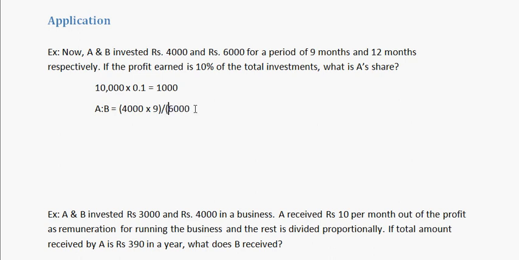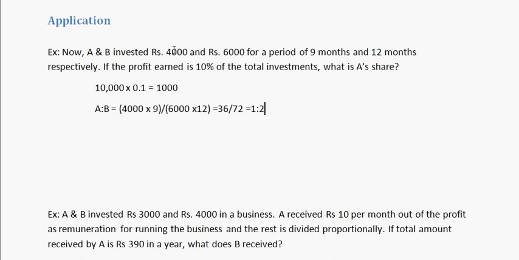And it is working for 12 months. So this would be the ratio of their profits, right? Just simplify this, because this is 1,000, so it could be written as 36 divided by 72, which is equal to 1:2. So A ratio B is 1:2.